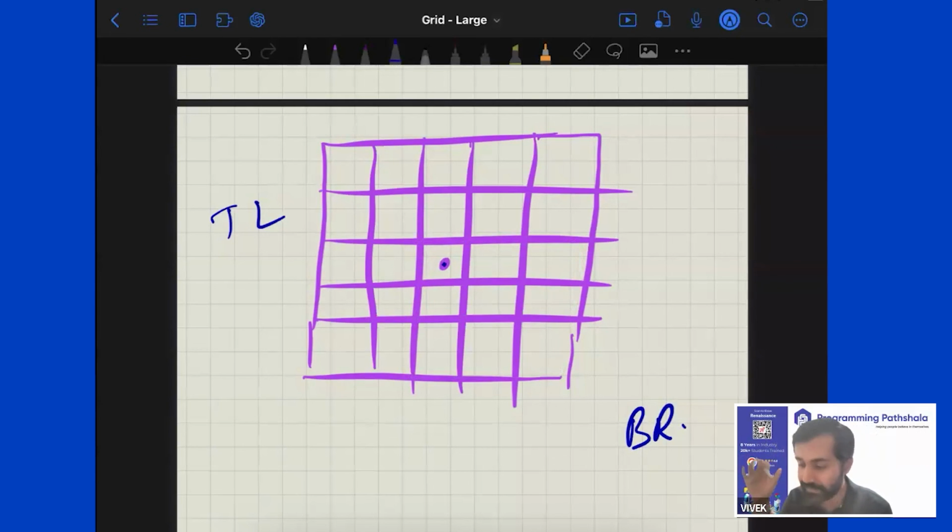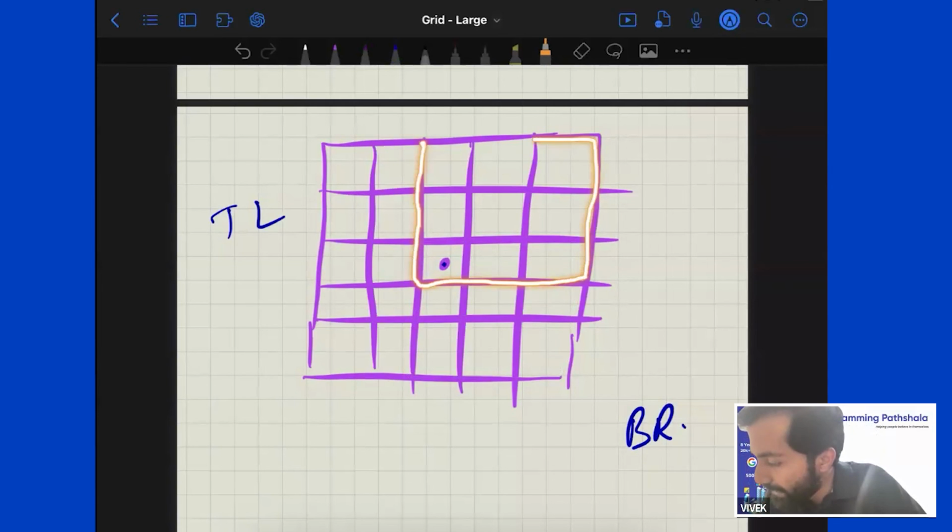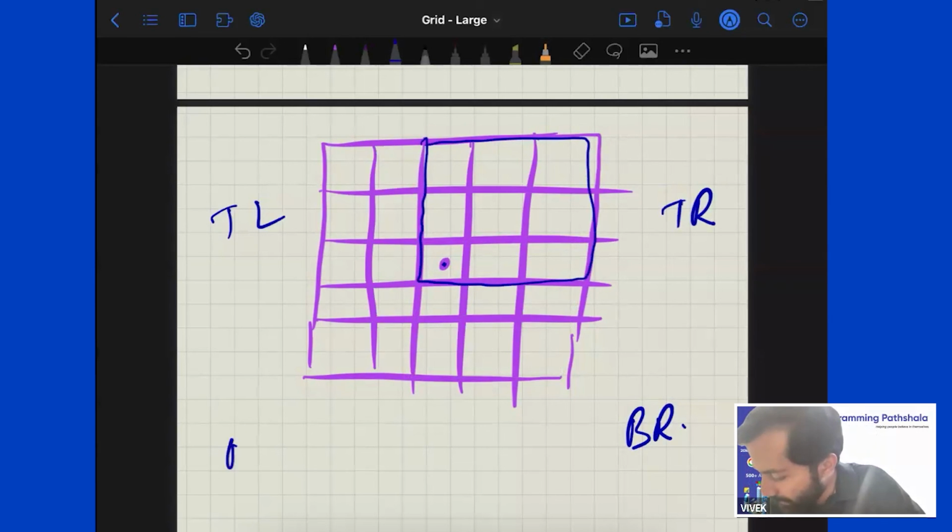But now some of you are saying, how about the reverse of it? The reverse is that if I consider the top right in this part and the bottom left in this part, for example, if your top right is this and bottom left is this, then the submatrix under consideration is that.